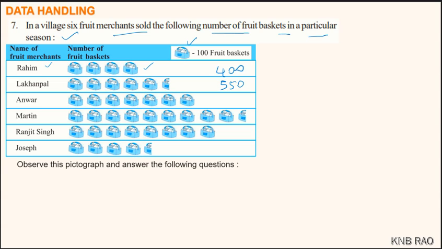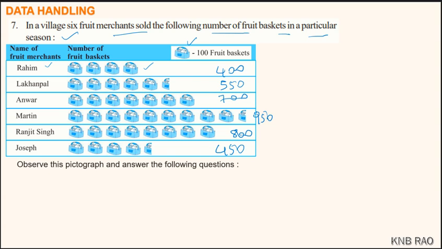So, Anwar is selling 1, 2, 3, 4, 5, 6, 7, so 7 full figures, 700. And Martin has 1, 2, 3, 4, 5, 6, 7, 8, 9 and a half, that means 950. Ranjit Singh is selling 3 plus 3, 6, plus 2, 8, so 800 fruit baskets he has sold, and Joseph is 4.5 figures, which means 450 baskets that he has sold.